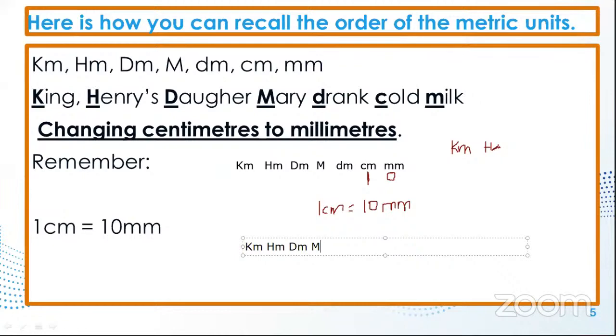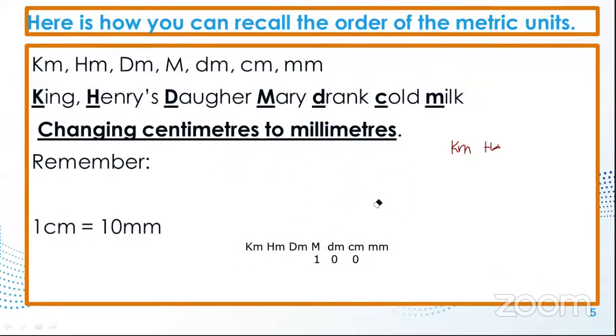If I want to change from meters, I put meter is 1. To reach centimeter, I will put 0 under decimeter, and I put 0 there. So it means that 1 meter is equal to 100 centimeters. So that is how we have got centimeter to millimeter is 10. 1 centimeter equals 10 millimeters. So that is our conversion rate.